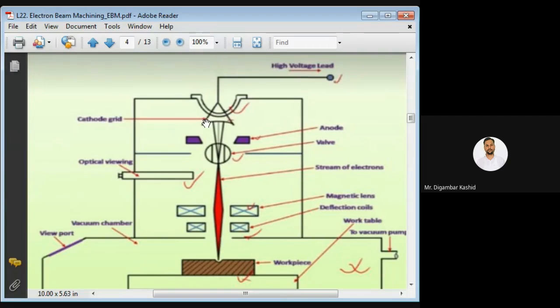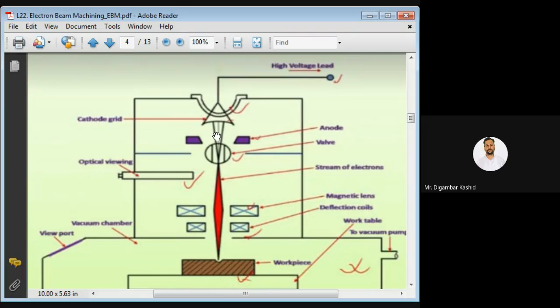The large number of electrons are emitted by that heated cathode.